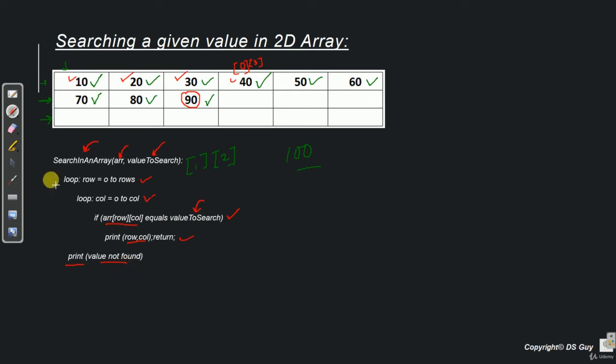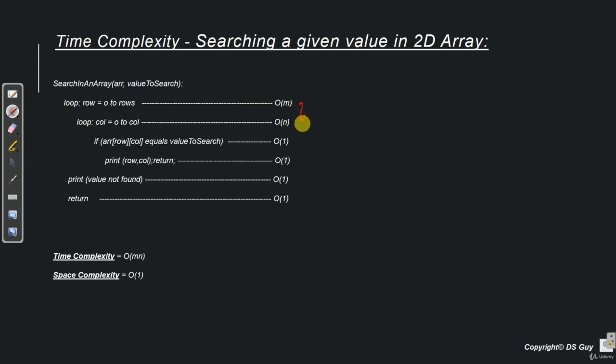Now let's see what the space and time complexity for this algorithm looks like. So we have two loops over here, which is row and column, denoted by m and n. And within that we have a few if and else conditions and print conditions. As we know, the if condition and the print condition are both constant time operations, so all these things take order one time.